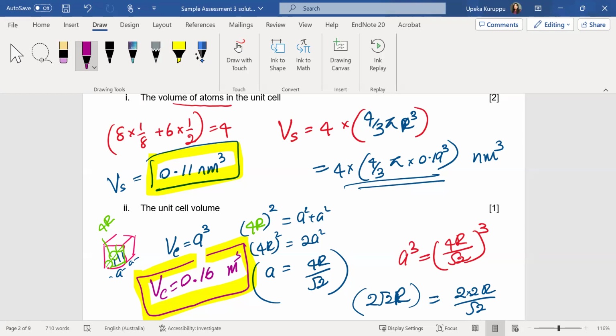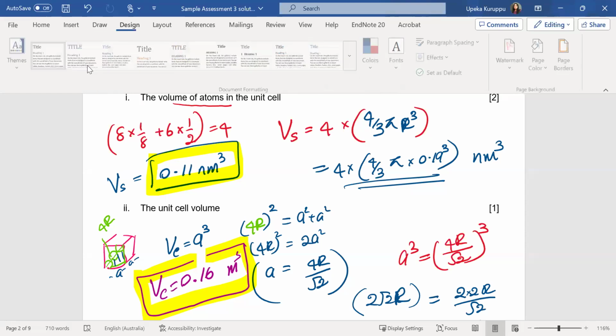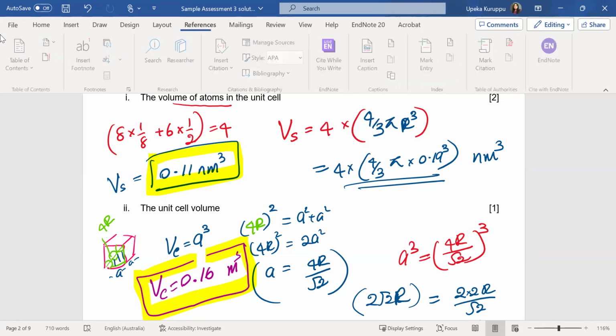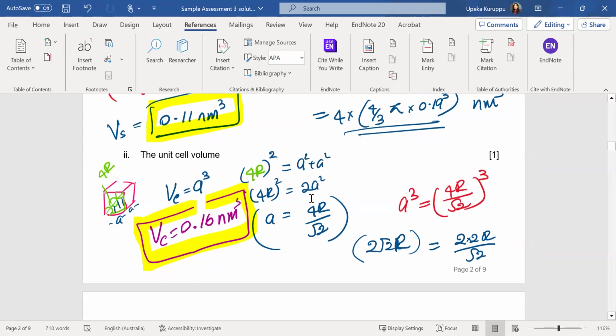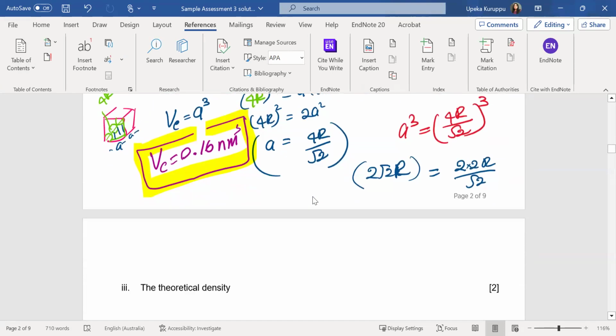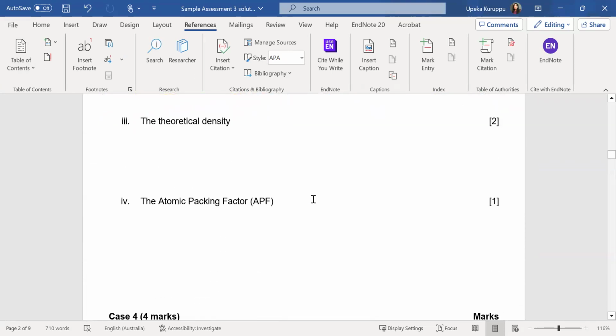Okay, now when you know the Vs, the volume of atoms, and the volume of the cube, you can find the atomic packing factor. Can we find the atomic packing factor? What do we mean by atomic packing factor? Yes, nanometer cubed. Sorry, it deleted, I think, when I deleted the number. Okay, so what do we mean by atomic packing factor, guys?